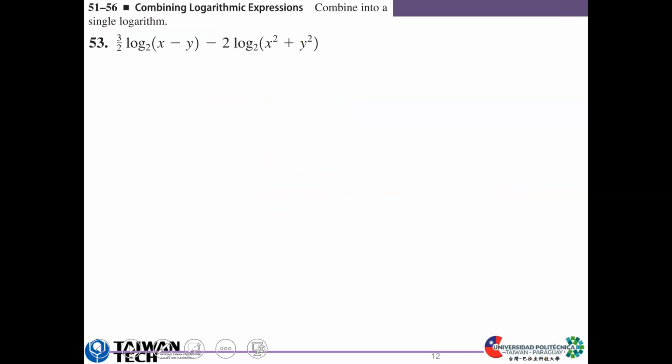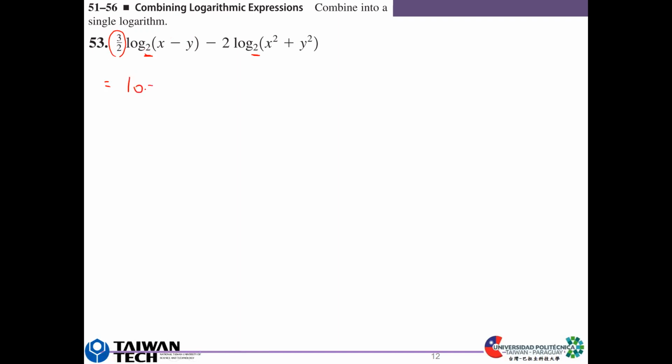Okay, and let's look at this, combining this log expression into a single log. So first of all, we look at the base. They are all base 2. And then the first one, we put what's outside the log function into it, and it becomes the exponent of what's inside the log.